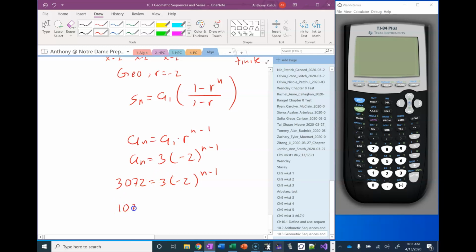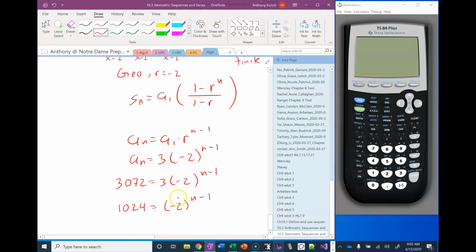When I do that, I get 1024 equals negative 2 to the n minus 1. Now I have to be a little bit careful here, because when we solved exponential equations, we did not allow the base of our exponential to be a negative number.